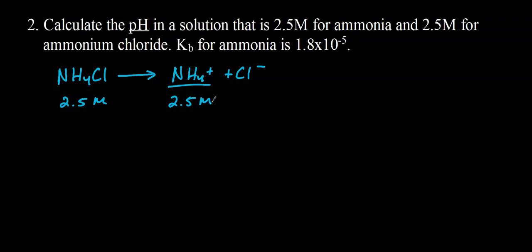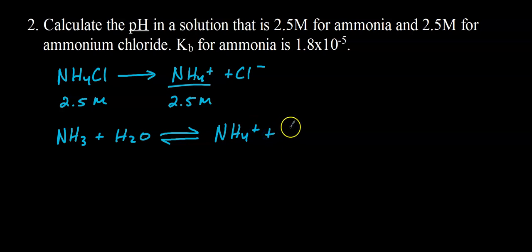The other equation I want to write is the ionization equation for ammonia, just like we saw on the last example. So let's go ahead and write that. So notice in our balanced dissociation equation, we have a one-way arrow. This substance completely dissociates. It's a soluble salt, and so it completely dissociates, whereas our weak base only partially ionizes.